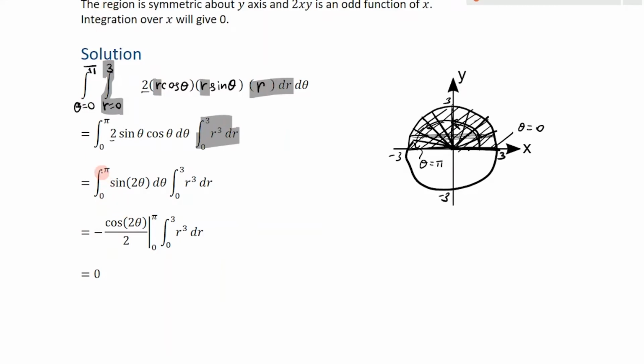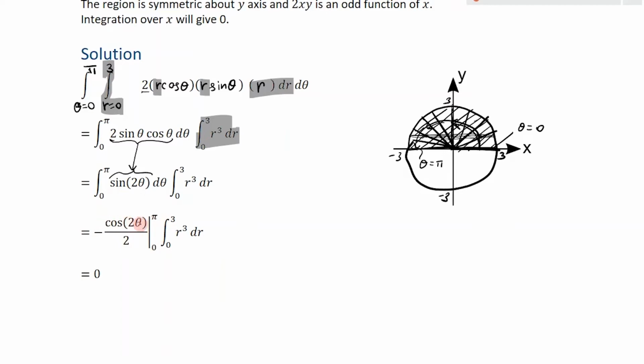Now, before integration, using the double angle formula, you can rewrite this as sine of 2 theta, and then this integrates to negative cosine 2 theta over 2. Now, when you evaluate it at 0 and pi, you get 1 for both, right?